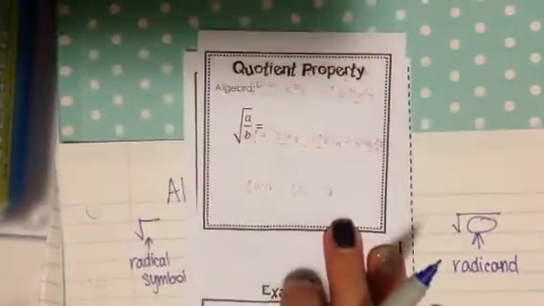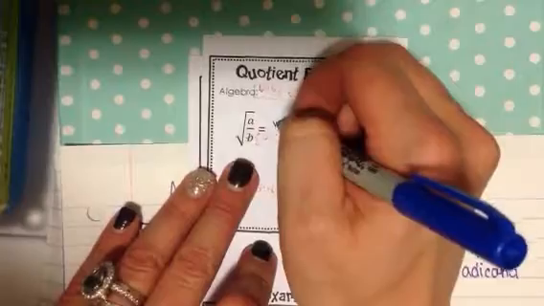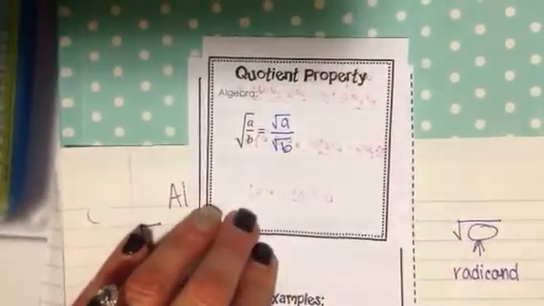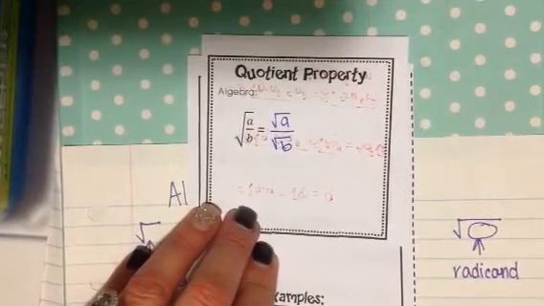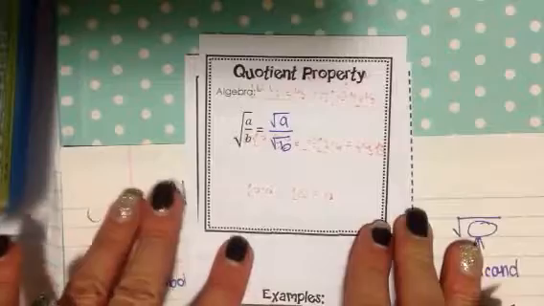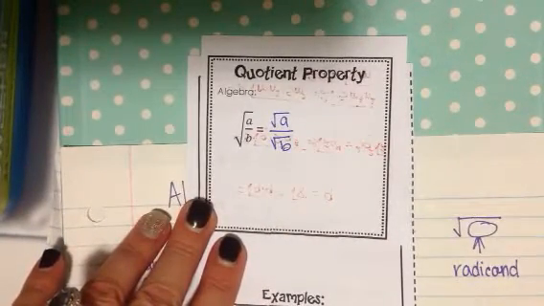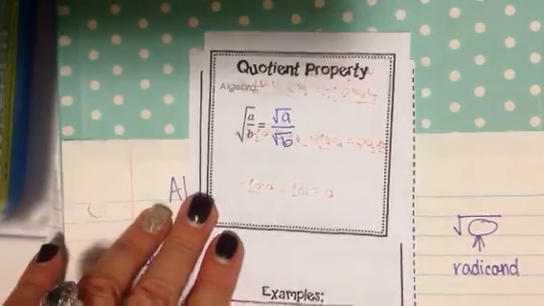We can rewrite the square root of a over b as the square root of a over the square root of b. So again, this will help us to simplify radical expressions because we can simplify each square root separately.